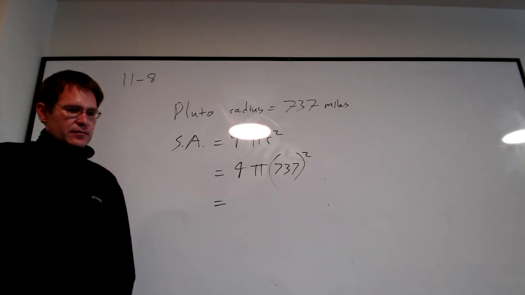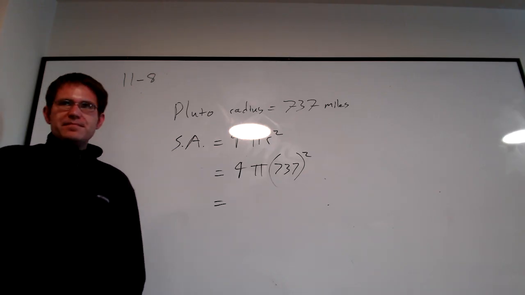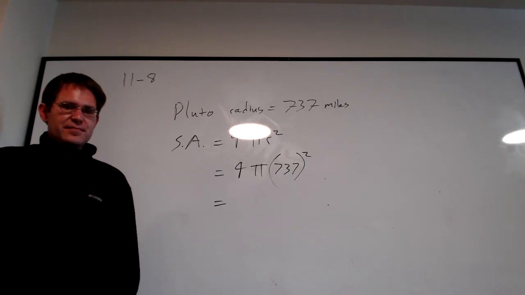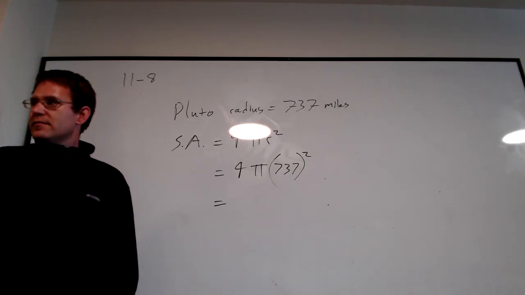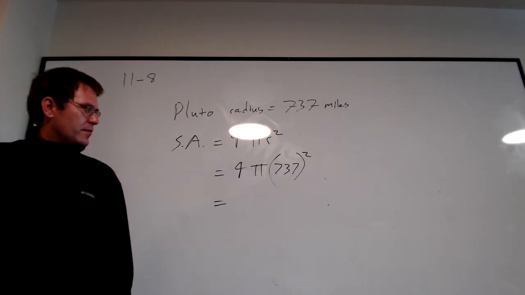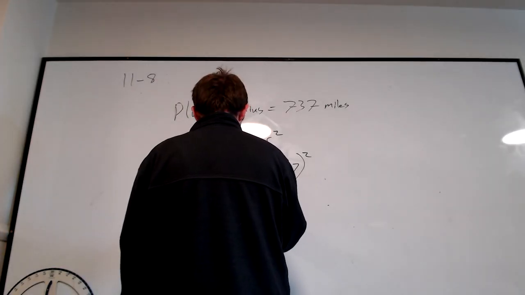Then multiply it by 4, then multiply it by pi. All of you do this on your calculator. Come on, you guys have calculators, I see them. Let's use them. Are we just squaring 737 right now? Sure, then we'll take it a step farther.